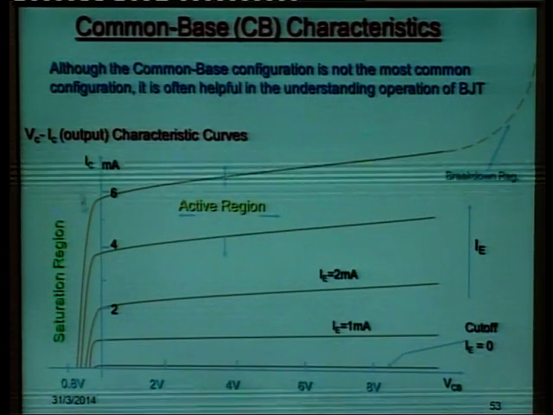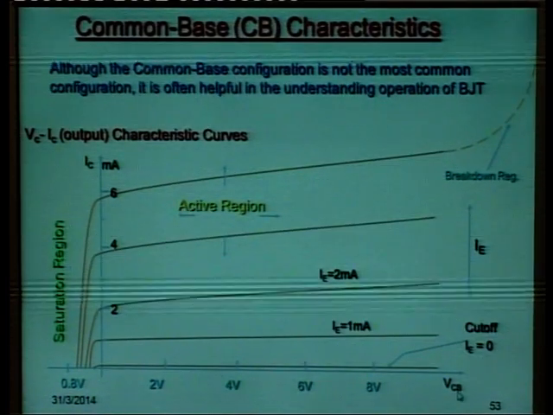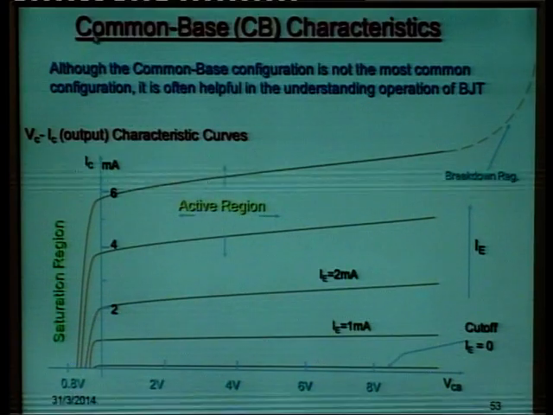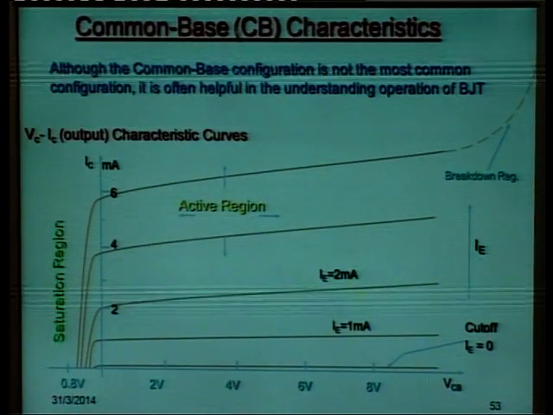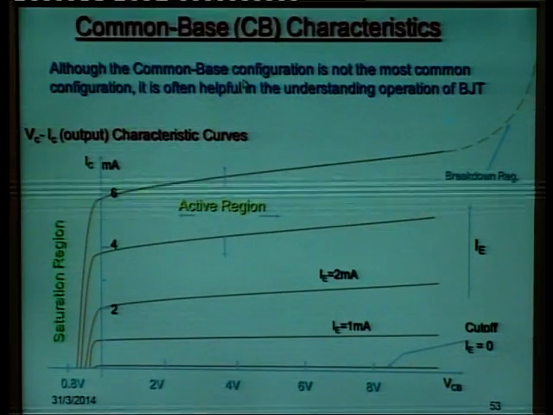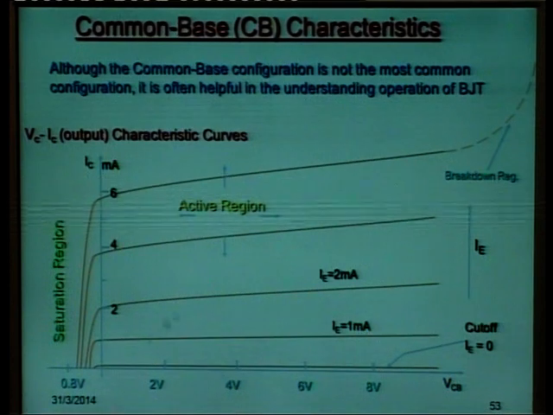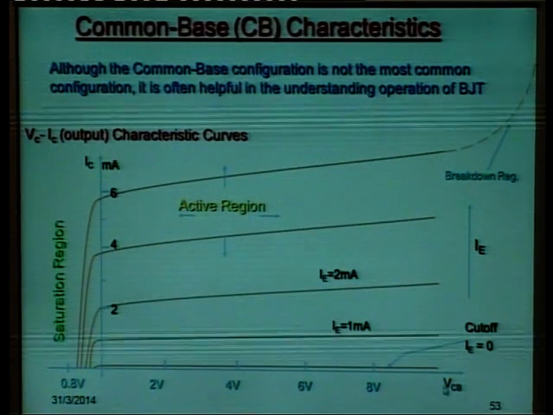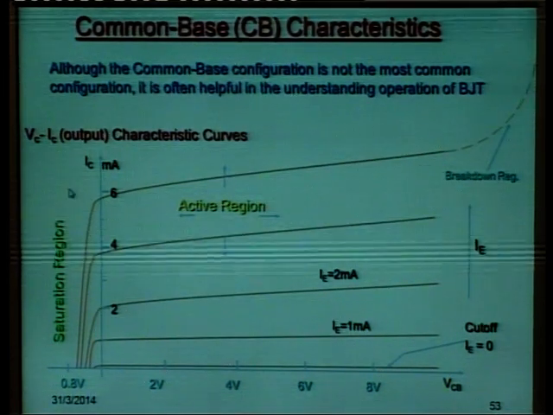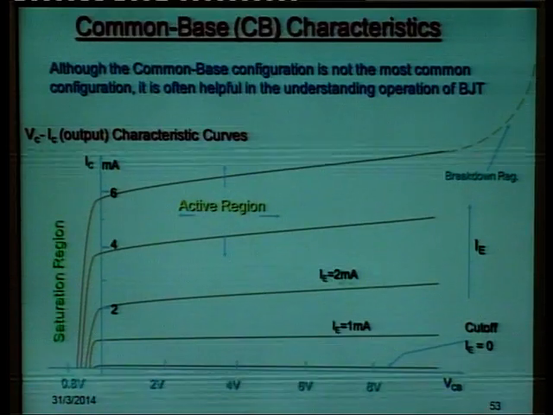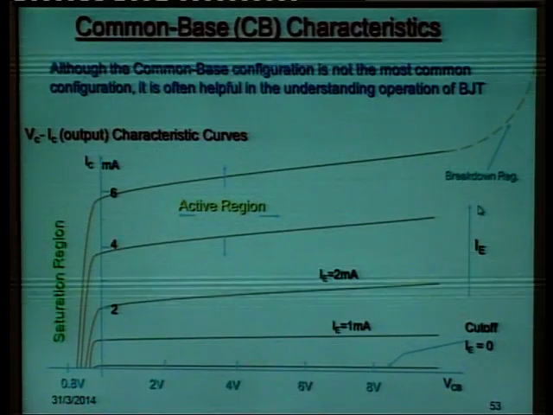If you see, this is the graph between collector base voltage and collector current. When we say common base, it means base is common, base has been earthed. So, input terminal is emitter, output is collector. So, this is the output characteristic because it is between output quantities, collector base voltage and collector current, keeping emitter current constant.